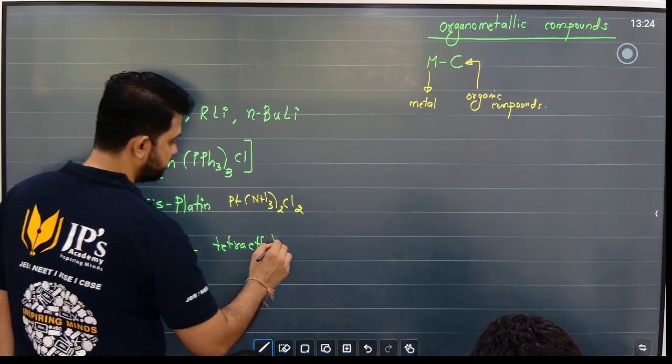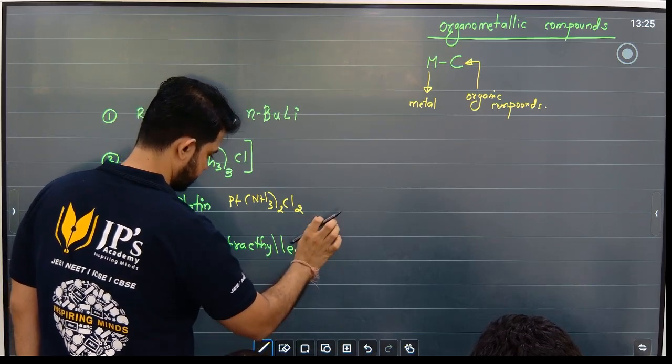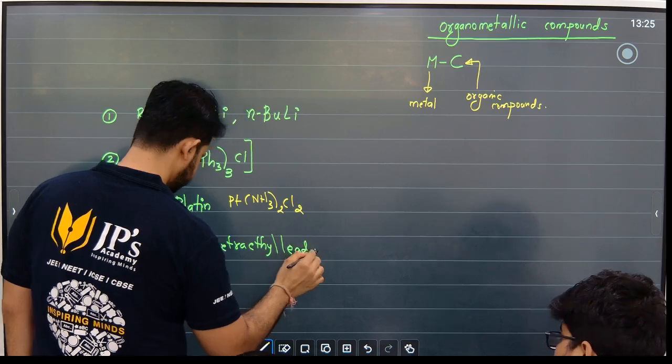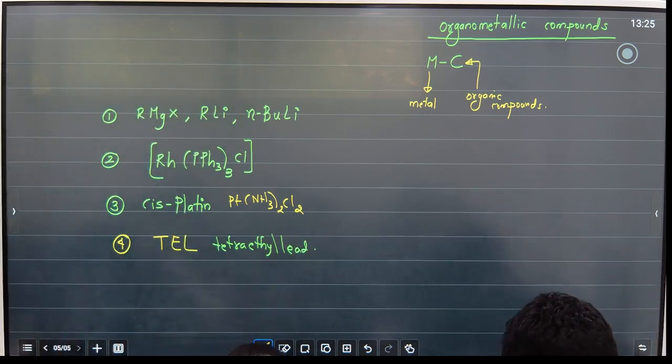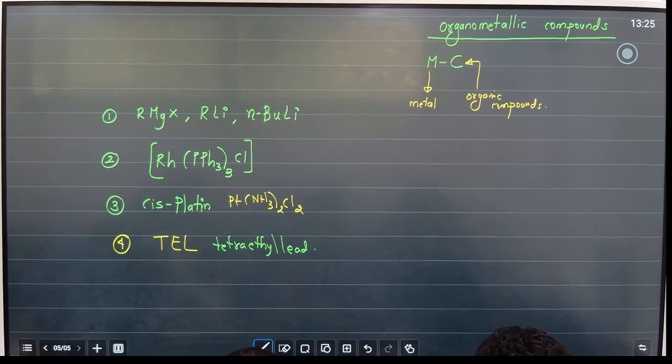Tetraethyl lead. ब्रैकेट में राइट डाउन एंटी नॉकिंग एजेंट, added in fuel.